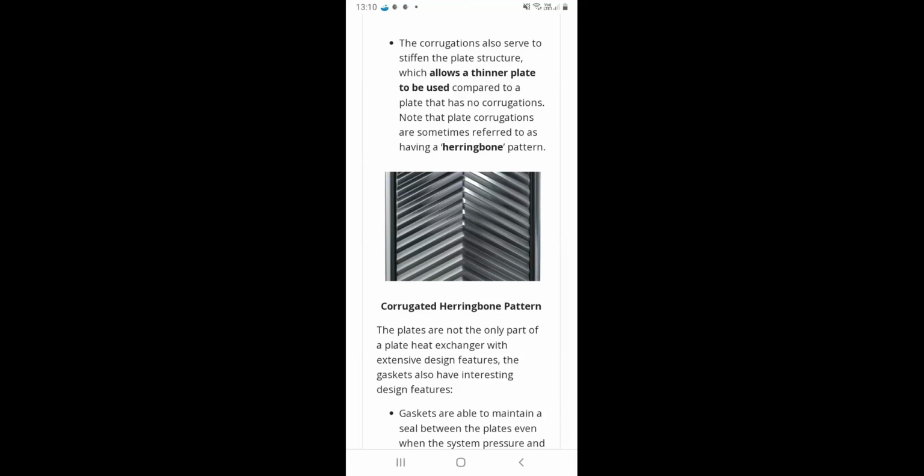The plate is not the only part of the plate exchanger with an extensive design feature. The gasket you are using also has an interesting design feature.